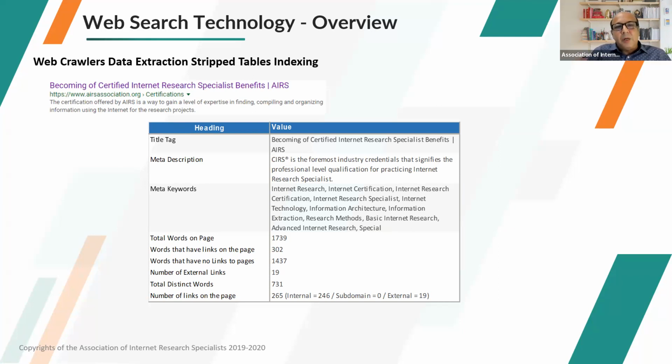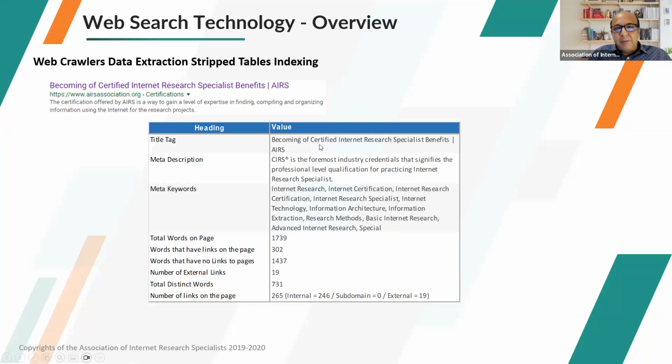But the way it had indexed this page is what I'm going to show you in this box. The search, first of all, is going to look for the title tag, and it is going to know what the page is about.